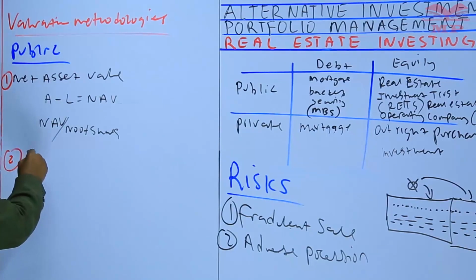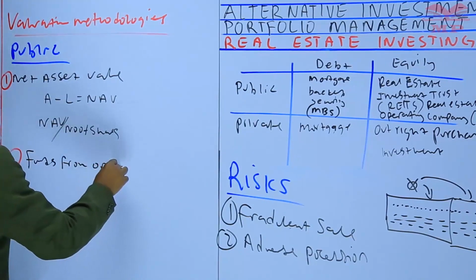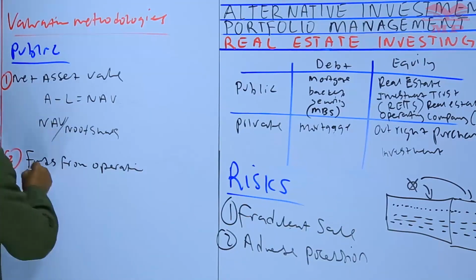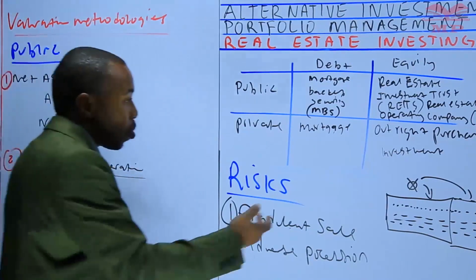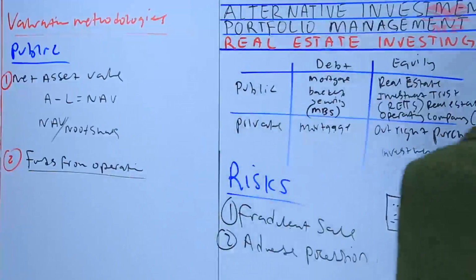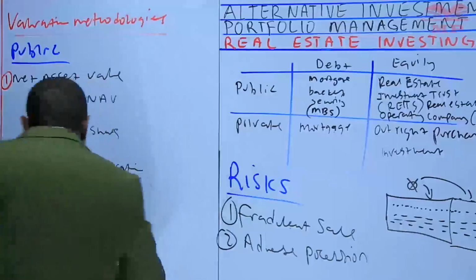The funds from operations approach: we start with the accounting net earnings, and then we add the deferred tax component.